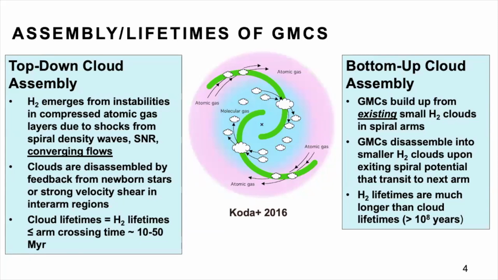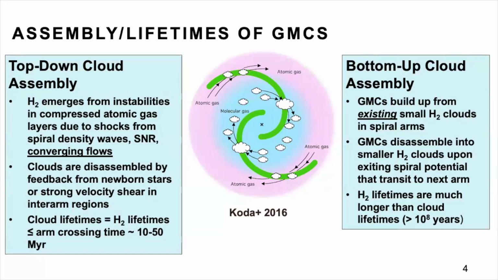In the top-down process, molecular hydrogen emerges from dense regions formed because of instabilities that are triggered by shocks from spiral density waves, supernova remnants, or converging flows. Those clouds get disassembled either by the feedback from newborn stars or when they exit the spiral arm.